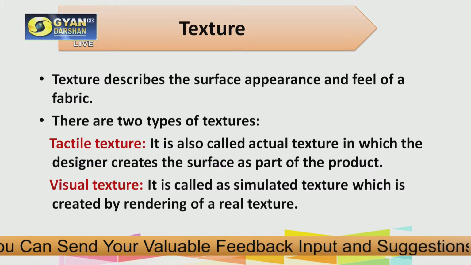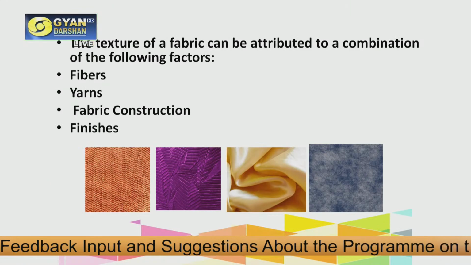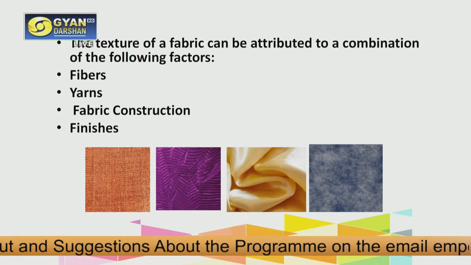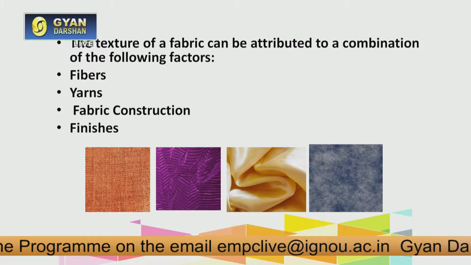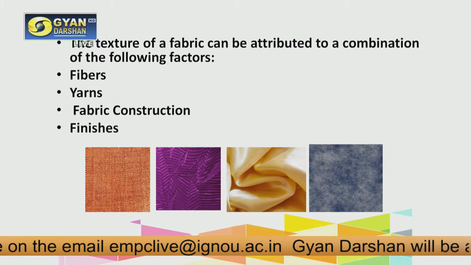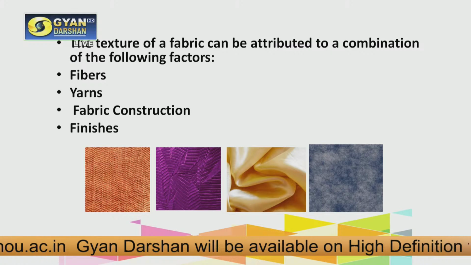You can incorporate different textures in the garment. Like a designer who wants to create some kind of different texture includes the fibers into fabrics, and the weaves and the yarn they use in the garment will create some kind of textures and some kind of finishing.